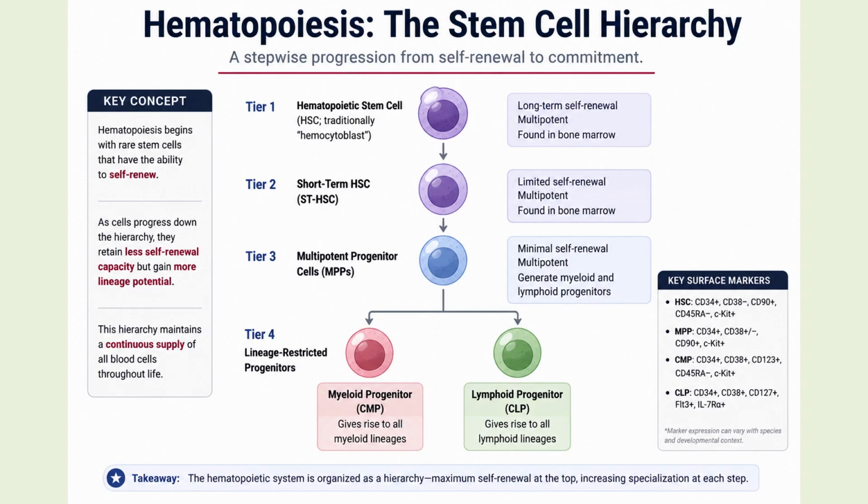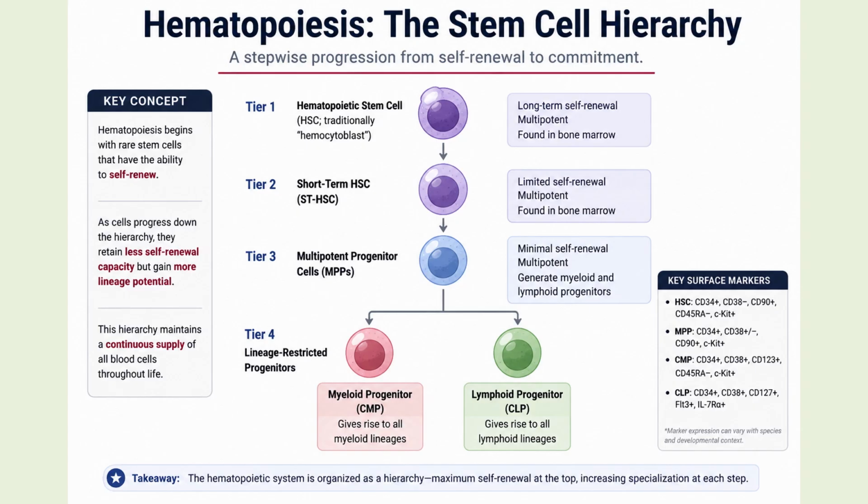As we continue down the hierarchy, self-renewal decreases while specialization increases, eventually producing increasingly lineage-restricted progenitors. One pathway moves towards the myeloid lineage, which ultimately gives rise to cells like neutrophils, eosinophils, basophils, and monocytes. Another pathway moves towards the lymphoid lineage, which gives rise to B cells, T cells, and natural killer cells.